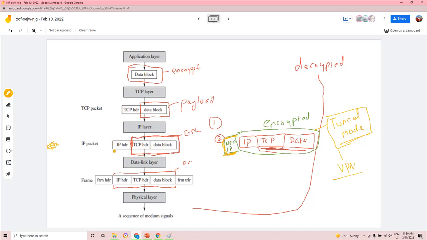The IP header will not be touched or encrypted. This is the first option. The second option is that the entire IP packet including the IP header is encrypted and a new IP header is attached, if we are using tunnel mode, for example VPN, virtual private network. Students, is it clear? Very important point, students. Can you understand this?